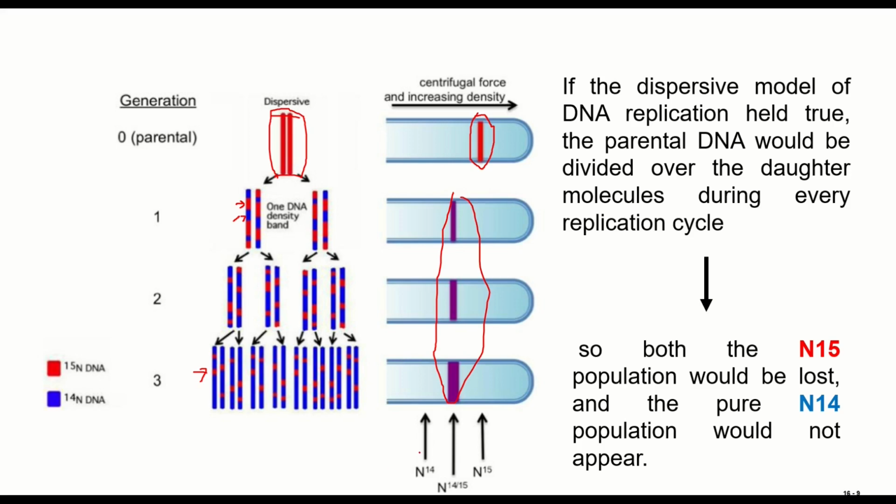Maybe in the future this starts slightly moving more in this direction, getting more into the N14, you start having more blue pieces, but all of them are mixed. So this is not what we found in Meselson and Stahl. They found very different results. So this is why we know that this is not correct.